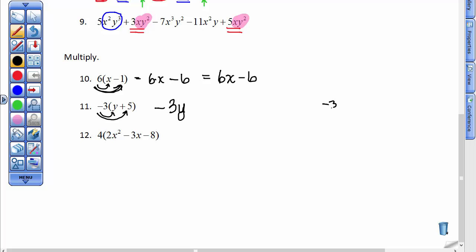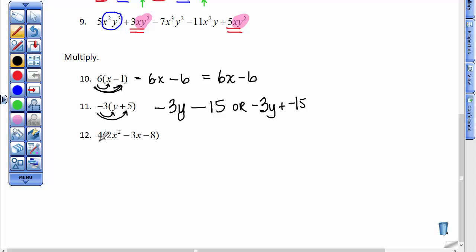Remember, a negative 3 times a positive 5 is a negative 15, and I can write that either as minus 15 or as plus a negative 15. That is not my habit. When it's minus 15, I don't tend to write it as plus a negative 15.